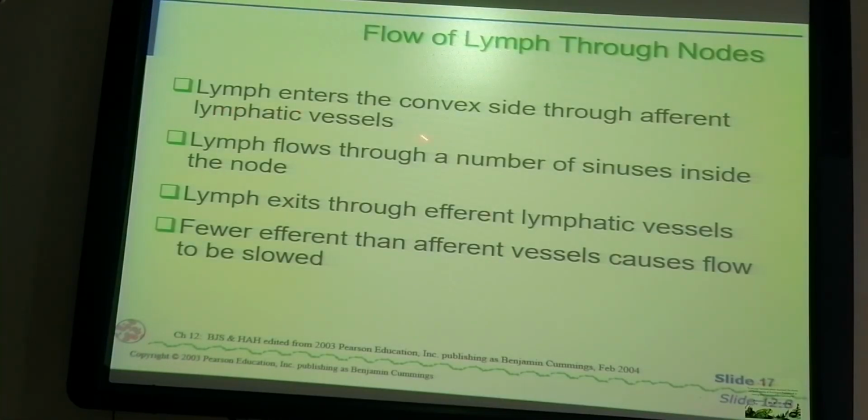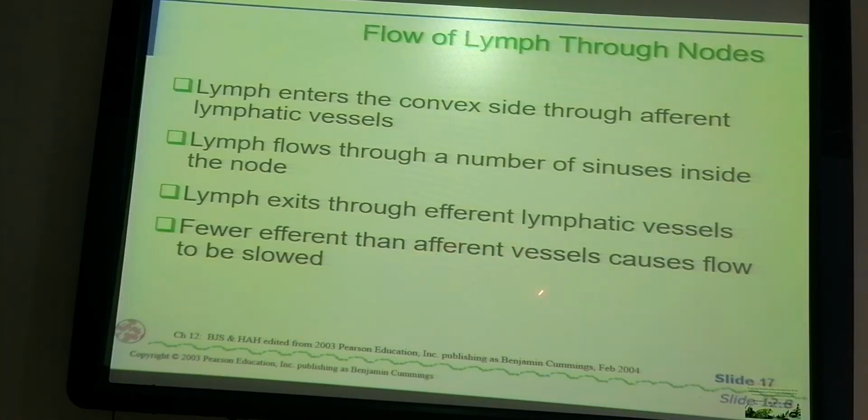Lymph enters the convex side through the afferent lymphatic vessels, as we said. Then the lymph flows through a number of sinuses inside the node. The lymph exits through the efferent lymphatic vessels, and there are fewer efferent than afferent vessels, which causes the flow to be slowed.